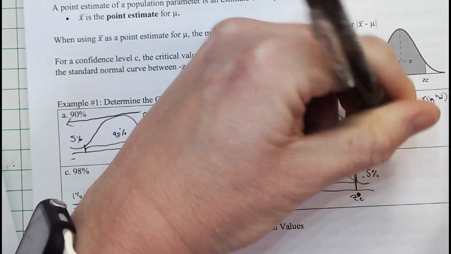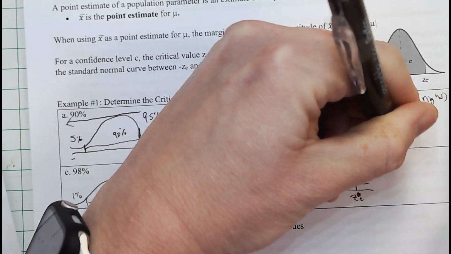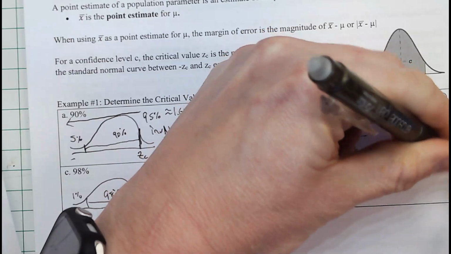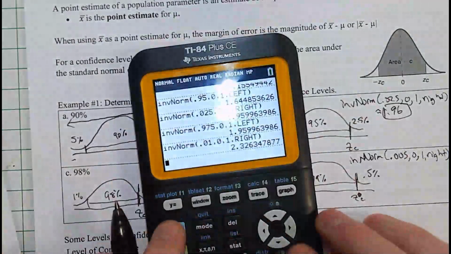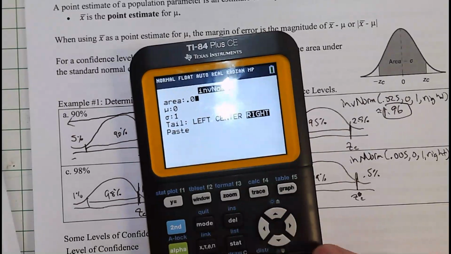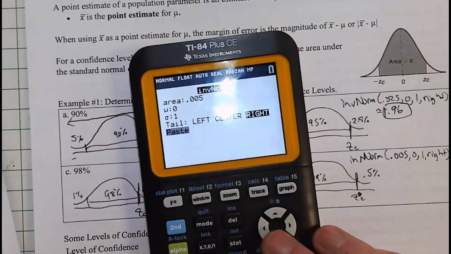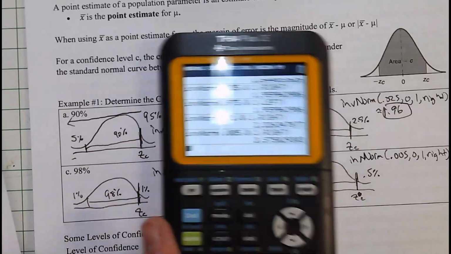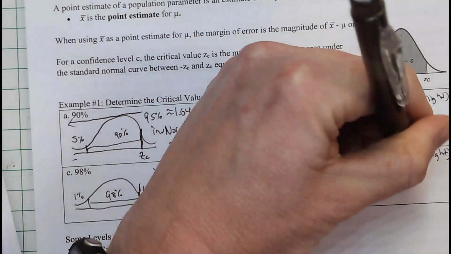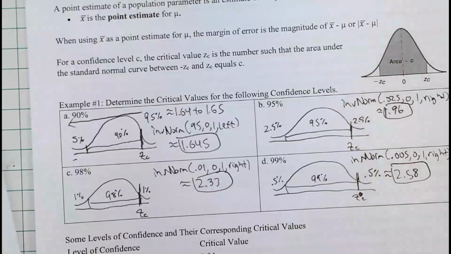What's 0.5% as a decimal? 0.005, because you move it over two spots. Or you can use 0.995 on the left. So 0.005 to the right gives 2.575, or 2.58.